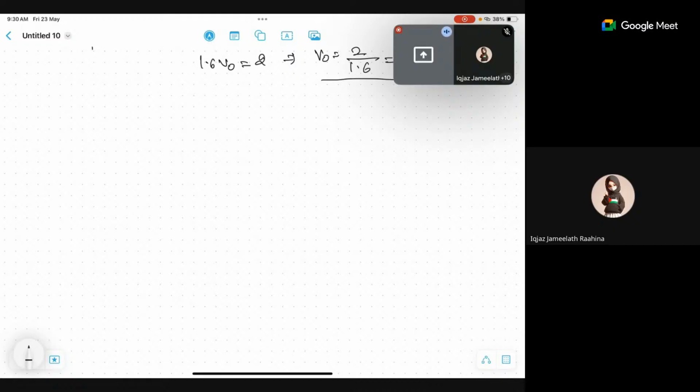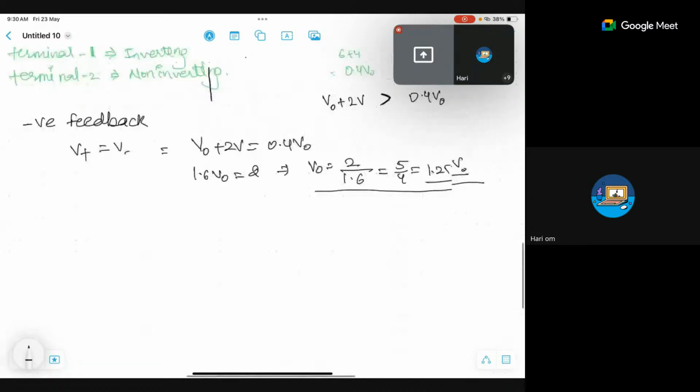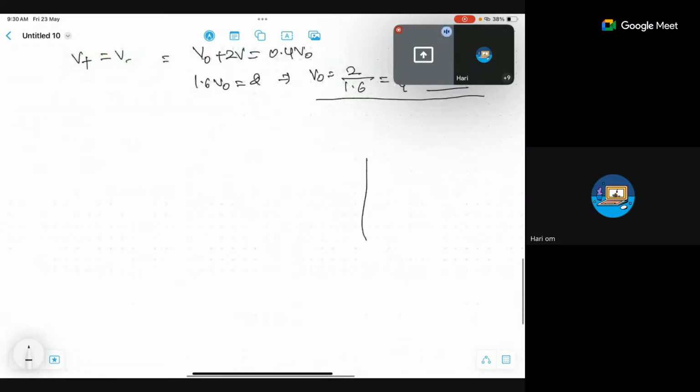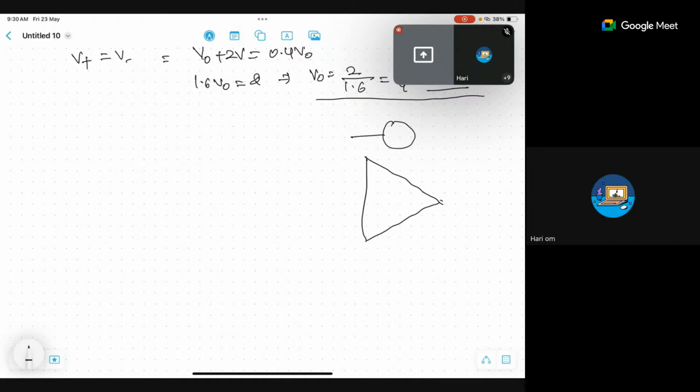Any other doubt? How did you write V naught plus 2 volts? Basically, you have this operational amplifier. This is the voltage V naught.